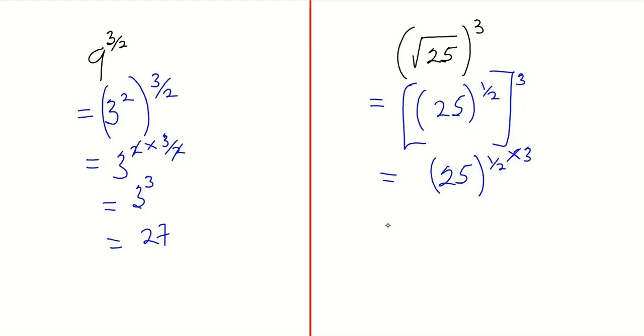At this point, the exponents will multiply, so we have 25, and when half multiplies 3, we get 3 out of 2.